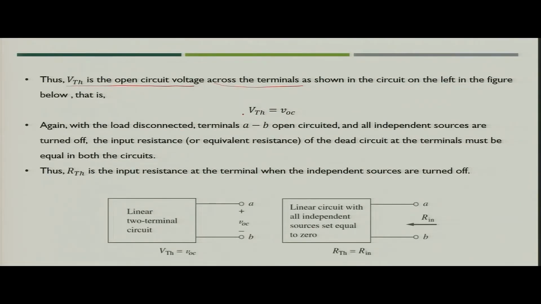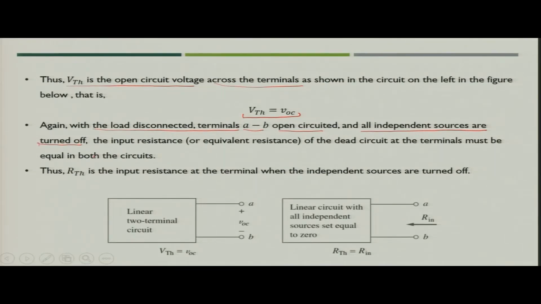So, in that case, this particular voltage would be nothing but VTH. What we can say is that the linear two terminal circuit's open circuit voltage across terminal AB would be equal to VTH. Now, again with the load disconnected across terminal AB, you have open circuited the terminal AB, and all independent sources you need to turn off.